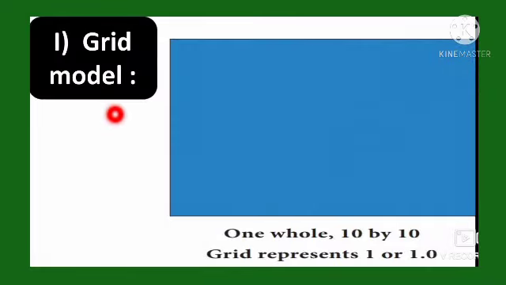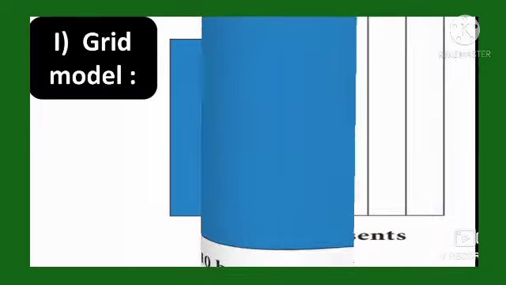Grid model. We see below the grids to represent the decimal numbers 1.0, 0.1 and 0.01. Here, this grid model represents one whole. A 10 by 10 grid represents 1 or 1.0.